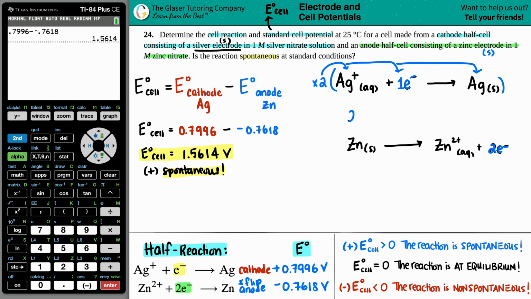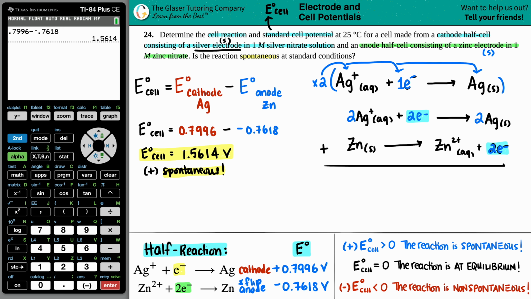And now I'm going to say that I have 2 Ag+ aqueous plus the 2 electrons, and that's going to yield the 2 Ag solid. Now, since I have those electrons being the same, I can add these equations up and simplify the electrons. The electrons will cancel.